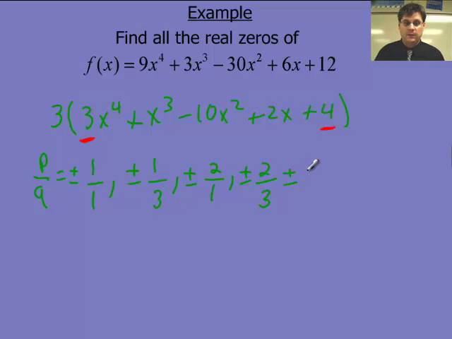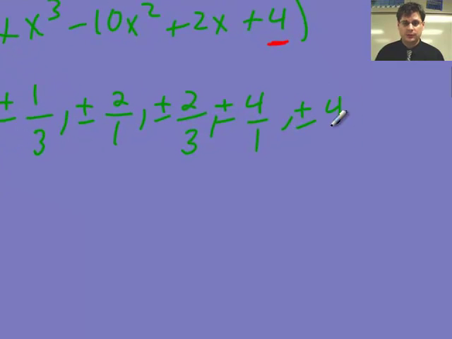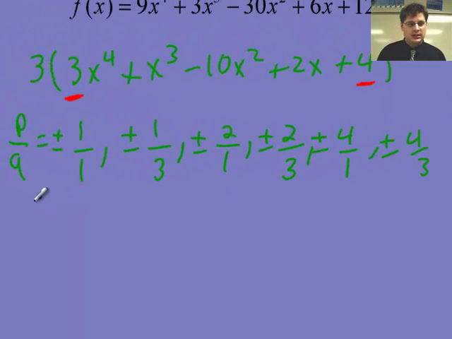Finally, 4 is the last factor of our constant, over 1, and then plus or minus 4 over 3. The next thing I want to do is simplify and reduce.